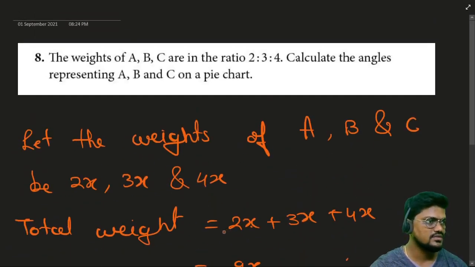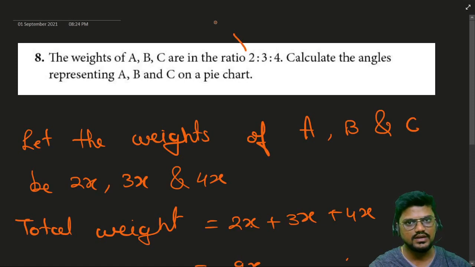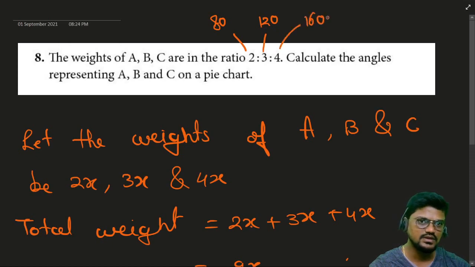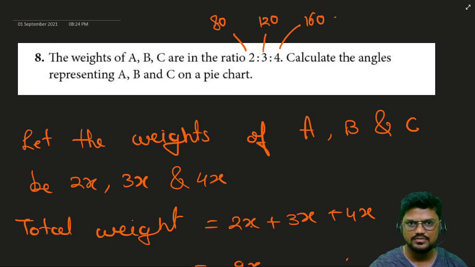How to draw the angle? This will be 80 degree, and the next one will be this. For this, 4 threes are 12, 120 degree, and for this, you will get 160 degree. Sum of all of them is 360, is it? Let me check. Yes. 120 plus 160 plus 80 gives you 360.